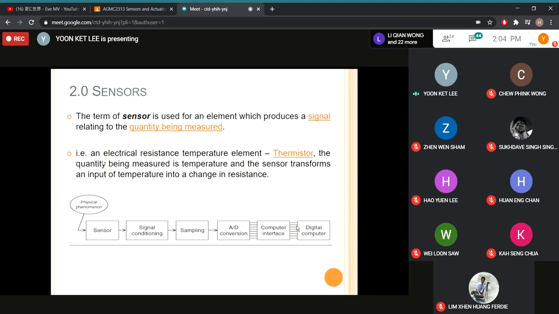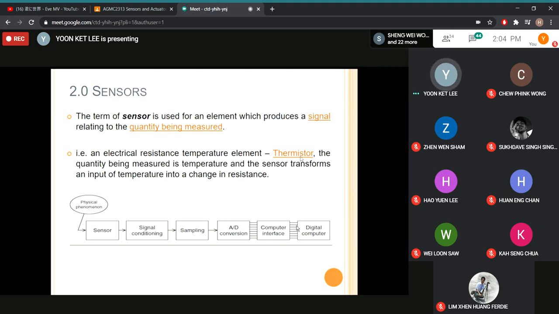We also have, for example, an electrical resistance temperature element, such as a thermistor. To measure temperature we have a lot of sensors; you will learn the thermistor, thermocouple, and mercury type.